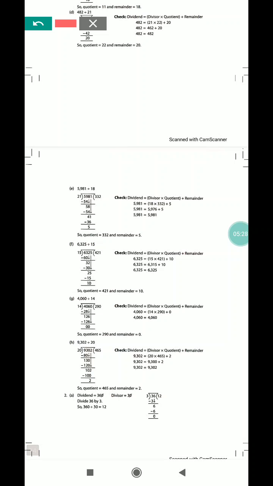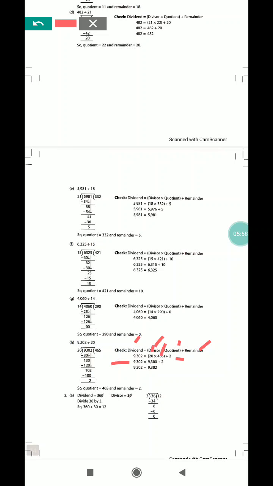Now we have to check the answer. Again we will take the same formula: dividend equals divisor into quotient plus remainder. So what is dividend over here? 9302. What is divisor? Divisor is 20. What is quotient? Quotient we have got 465. And what is the remainder? Remainder is 2.